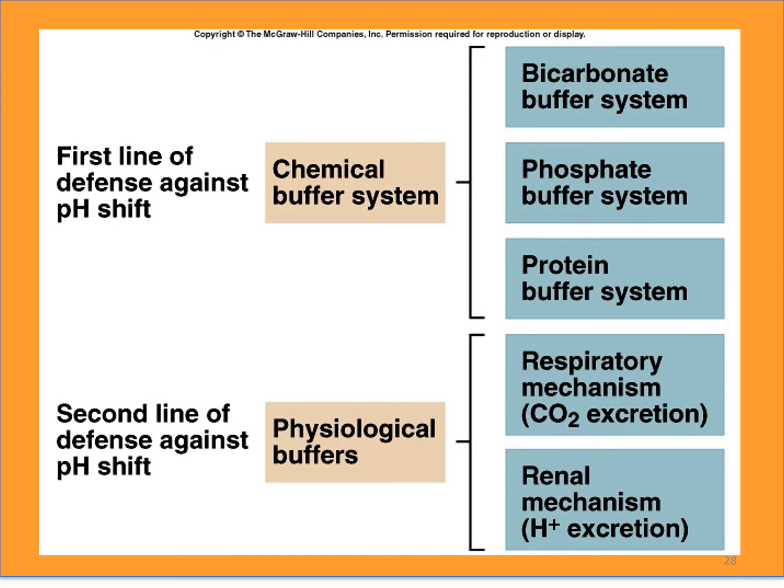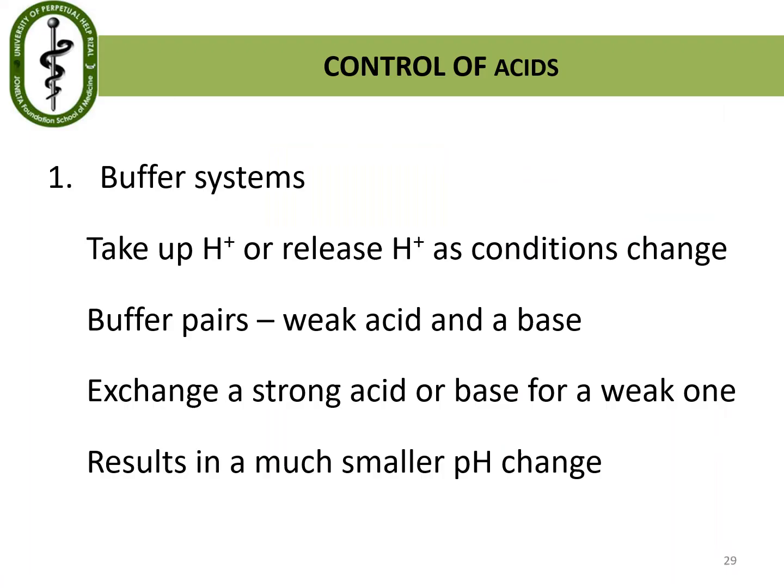If there is too much hydrogen in acidosis, your lung will tend to increase its rate of exchange just to blow off excess carbon dioxide, or the renal system, which is the slower one, would produce more bicarbonate by excreting more hydrogen.